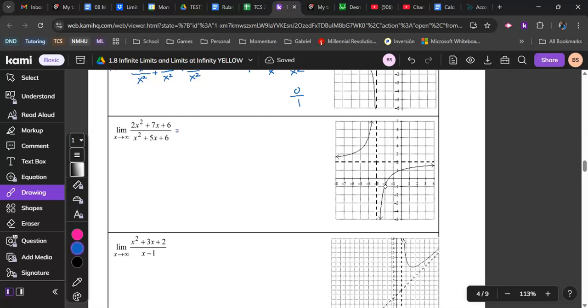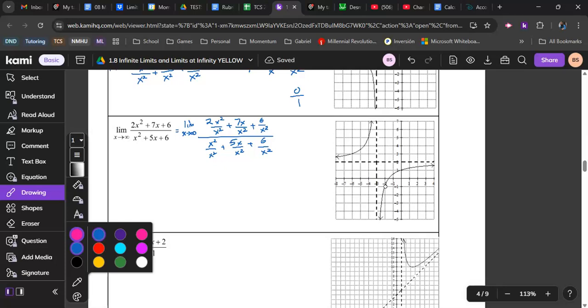I'm going to write the limit as x is approaching infinity. I'm going to divide everything on the top and bottom by the greatest degree in the bottom, which is x squared. So 2x squared over x squared plus 7x over x squared plus 6 over x squared, all over x squared over x squared, 5x over x squared, 6 over x squared.